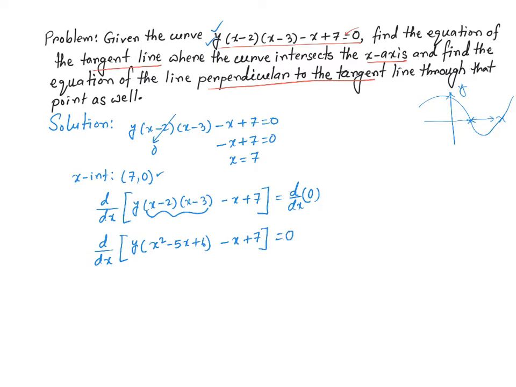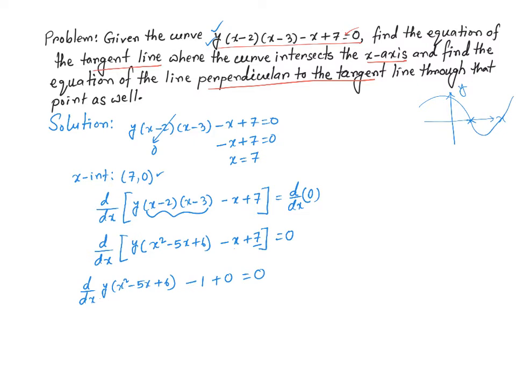So I'm going to use the product rule and addition rule for derivatives to simplify this. So this is going to be d over dx of y times (x squared minus 5x plus 6), minus the derivative of x with respect to x, which is 1, and the derivative of 7 with respect to x is 0, because 7 is a constant.